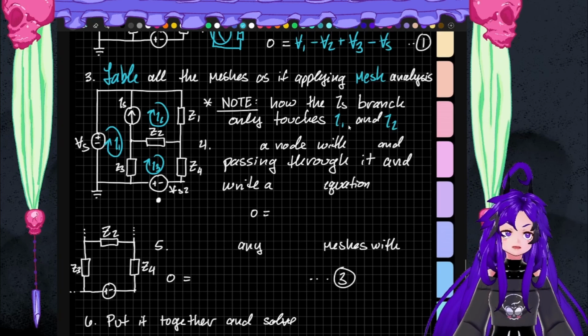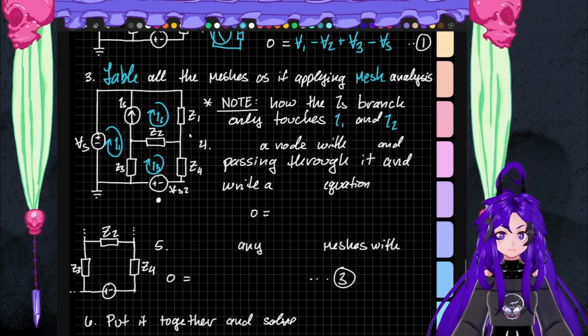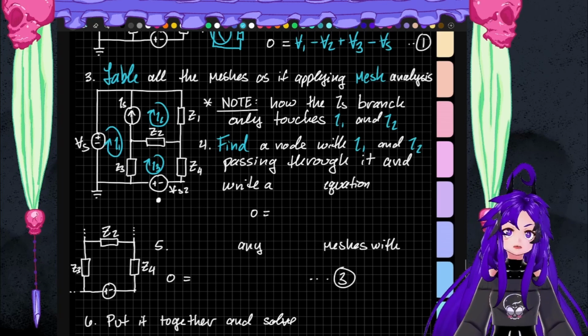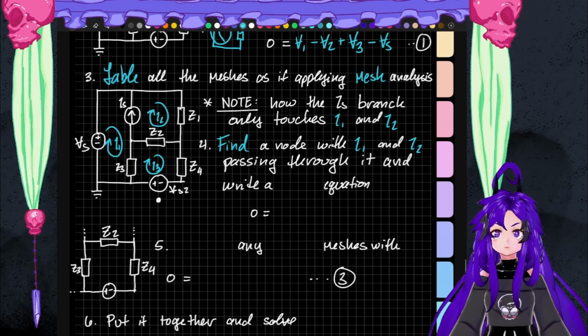We're going to need to recognize that for later. We are now going to find a node that touches I1 and I2 passing through it. Basically, we're going to find a node here where we can say that the branch currents are these loop currents.